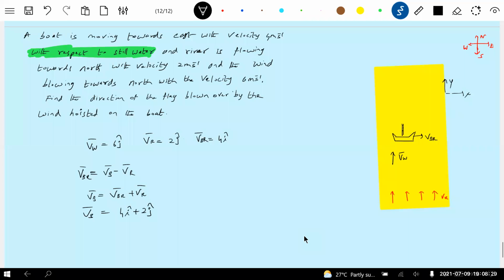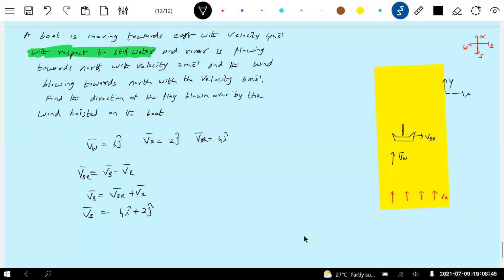What shall I do now? I got the velocity of boat here. In what direction will the flag flutter?